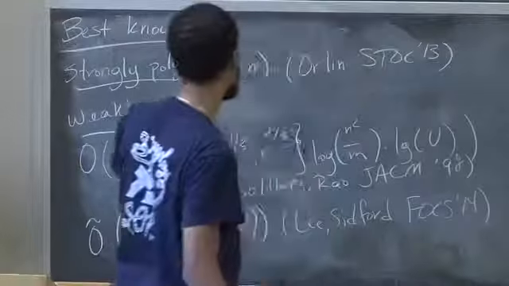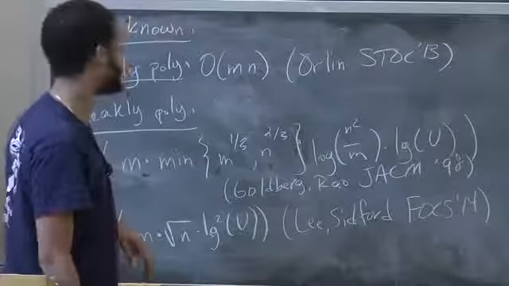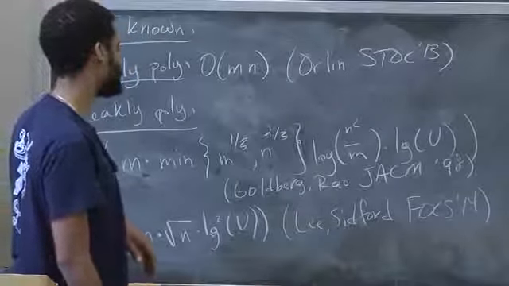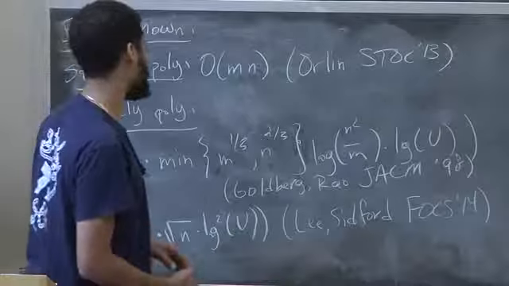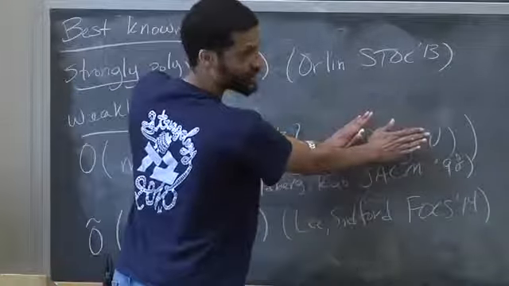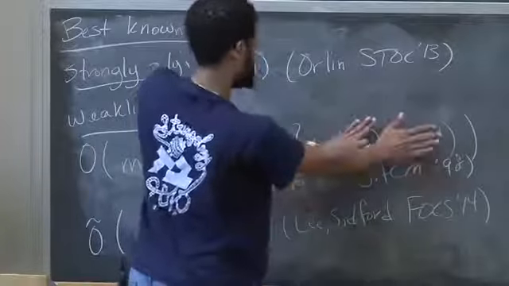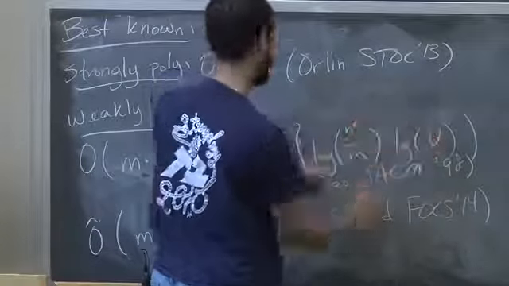And there are also some other things you can do for unit capacity graphs. There's a 1975 paper of Even and Tarjan that shows that you can basically get this bound without these two logs in unit capacity graphs. That's Even and Tarjan.